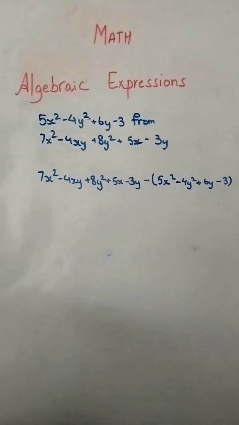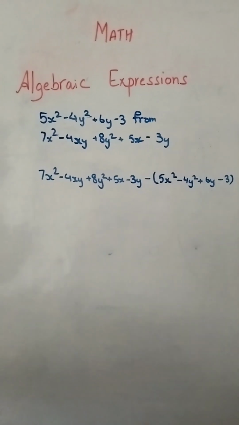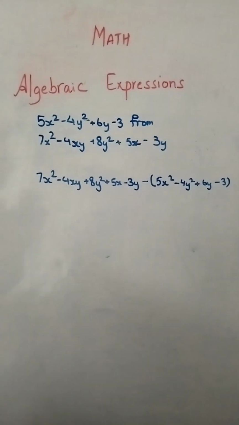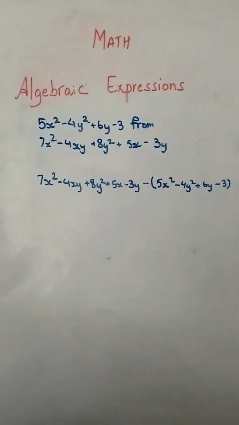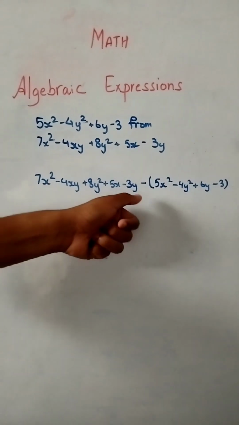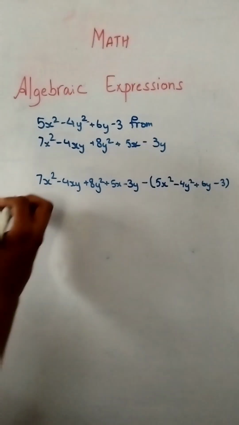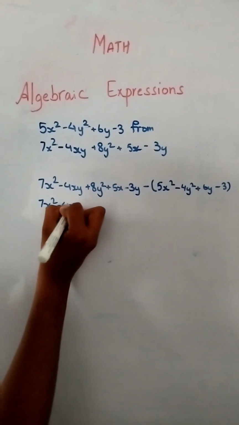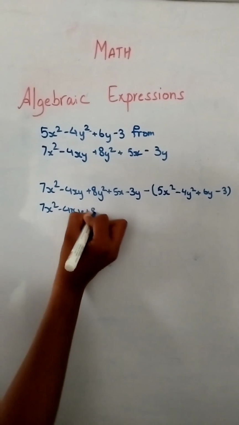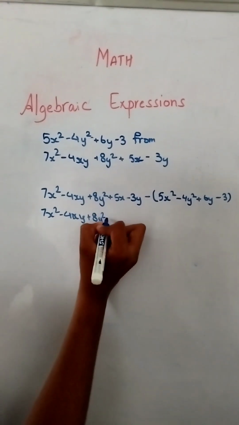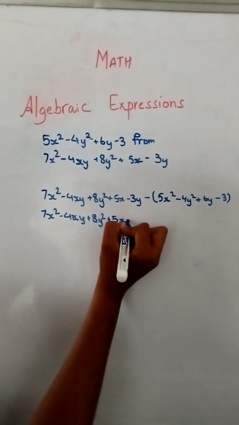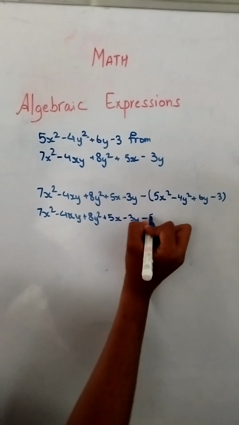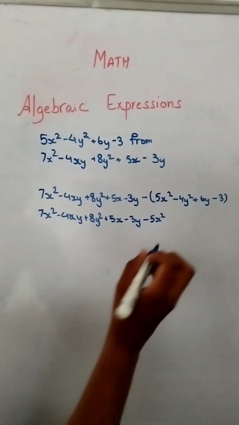That is, if there's a minus in front of the first bracket, then we always have to convert every single sign to the opposite sign in whatever is inside the brackets. What we have to do is first write the same whole expression down, and then convert the signs and remove the brackets.